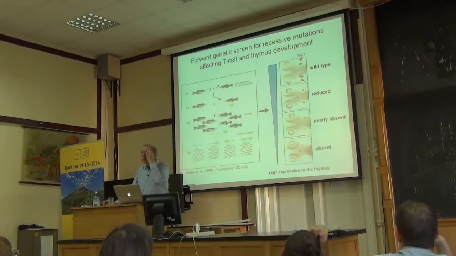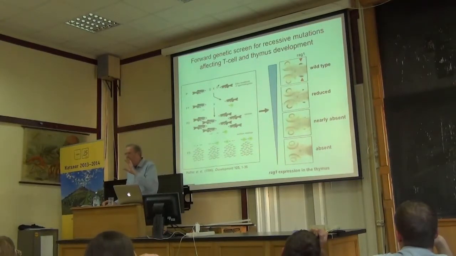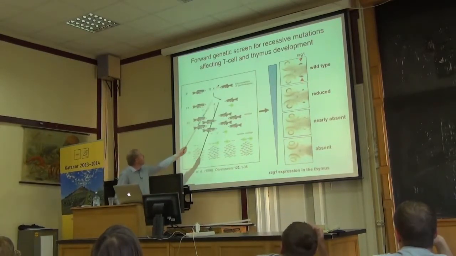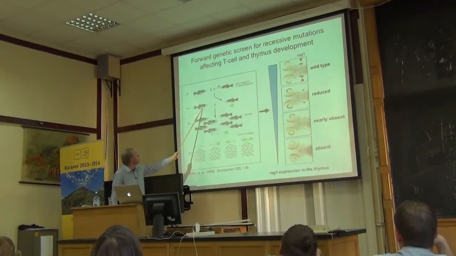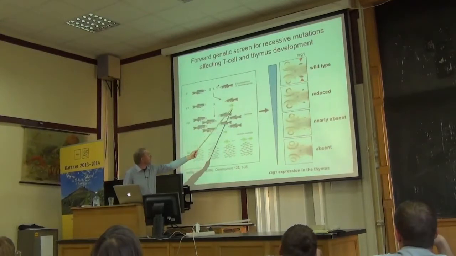So the argument was we would take male fish, mutate their gonads, as it were, and produce mutated sperm, fertilize eggs with these mutated sperm, and then go through various generations. You can see that here, schematic. Mutate the male, use a normal female, and mate with this mutated male. This M stands for any odd mutation.